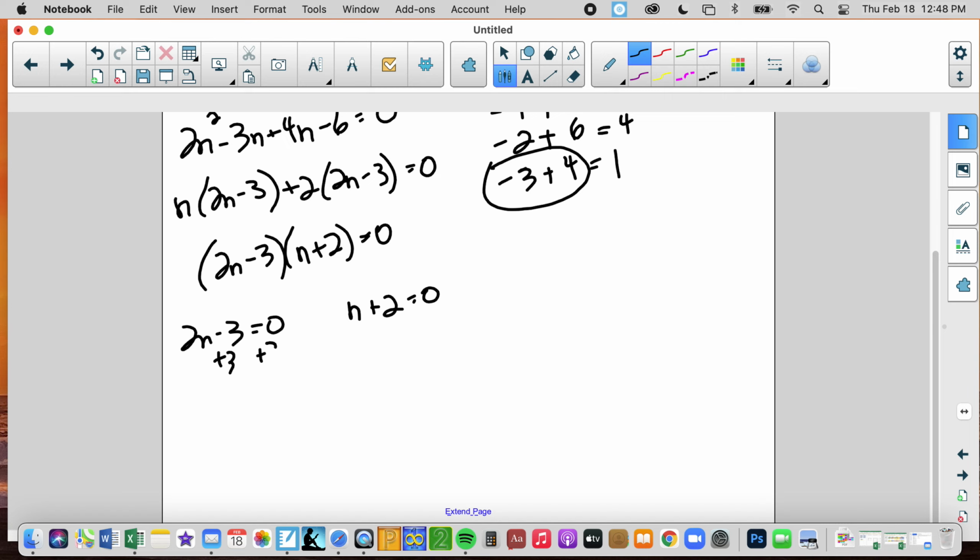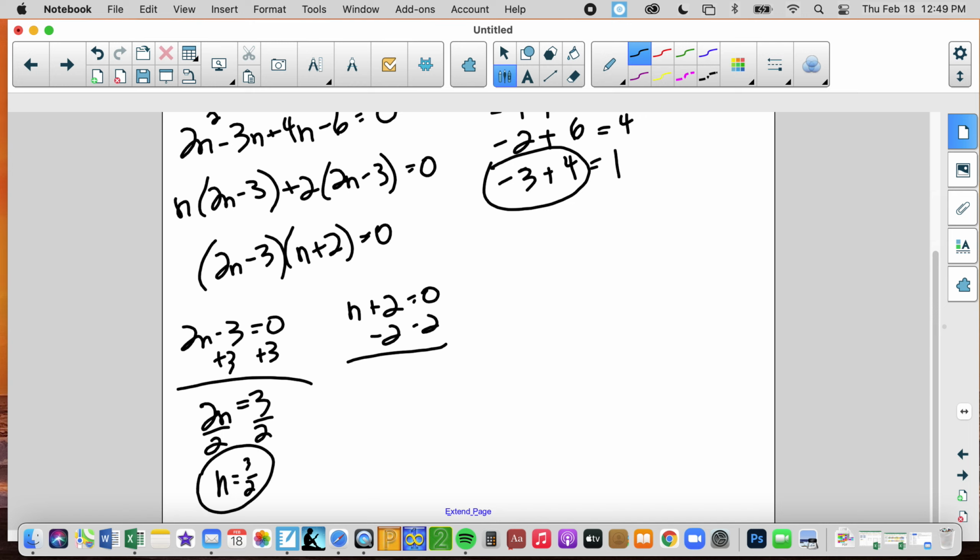Let's add 3. 2n equals 3. Divide by 2. n equals 3/2. That's a horrible 3. Minus 2. n equals negative 2. So my solutions are negative 2 and 3/2.